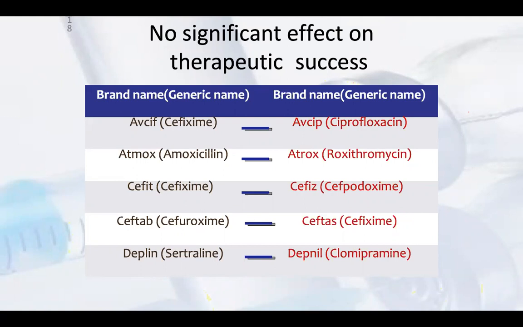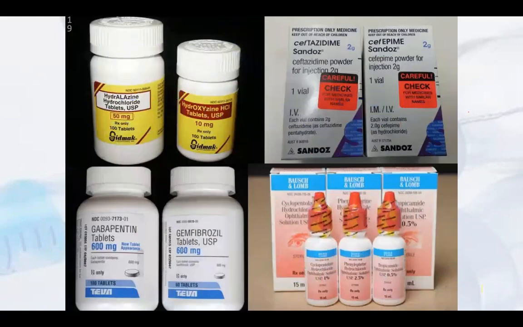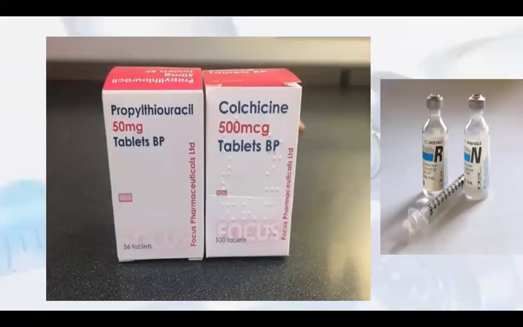But they have to check when dispensing these drugs. Again, hydralazine is there, hydroxyzine is there, gabapentin is there, gemfibrozil is there. We have done this before. Then propylthiouracil is there, colchicine is there.